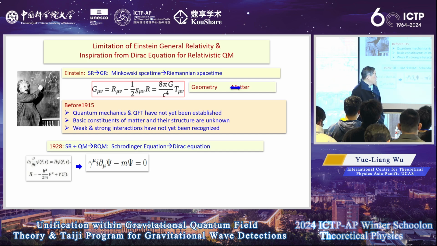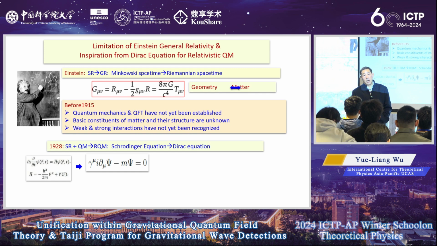And then about 100 years ago, Max Born and others suggested quantum mechanics, and Heisenberg and Schrödinger established matrix theory and the wave functions and so on. So we knew how to describe fundamental particles like the electron, using wave functions in non-relativistic quantum mechanics.